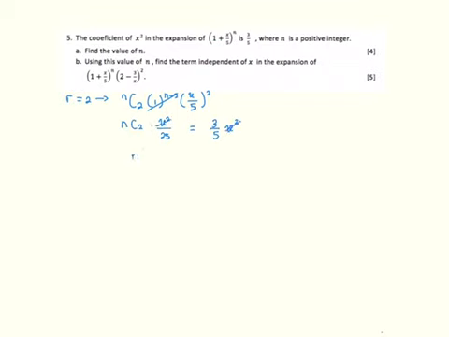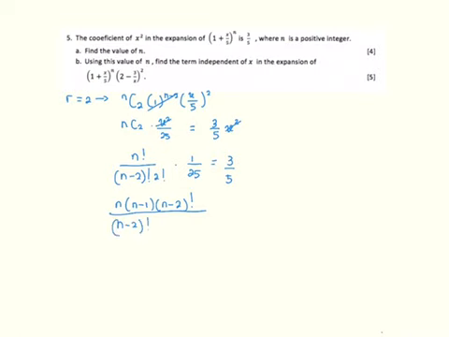So nC2 is n factorial over (n minus 2) factorial times 2 factorial, times 1 over 25, is equal to 3 over 5. n factorial is n times (n minus 1) times (n minus 2) factorial, over (n minus 2) factorial times 2 factorial, which is 2, is equal to 3 over 5 times 25 over 1.